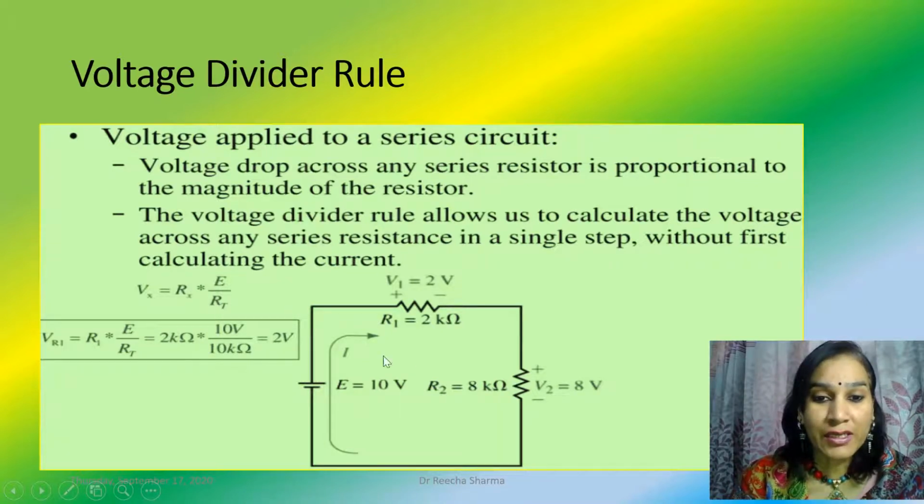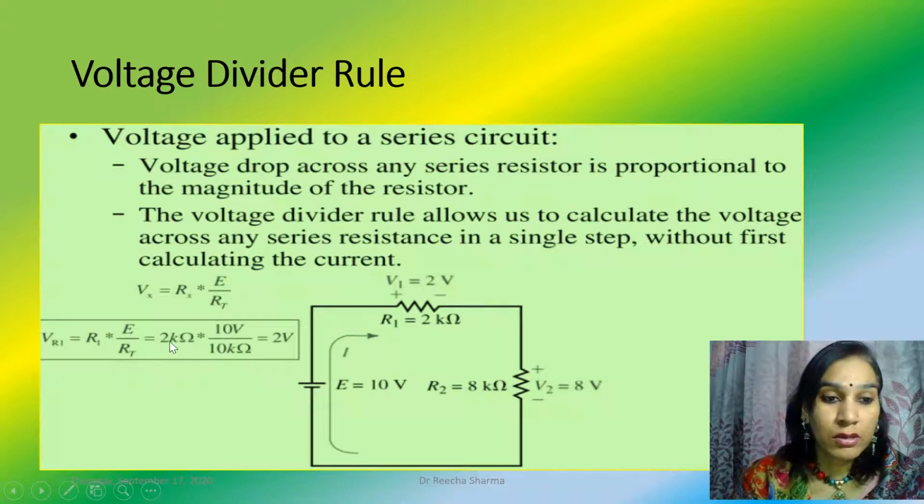For example, in this circuit we want to find the voltage across resistance R1. So the formula will become R1 into E upon RT, where RT means the total resistance, R1 plus R2. For example, the resistance value is 2 kilo ohms and we want to find the voltage VR1.